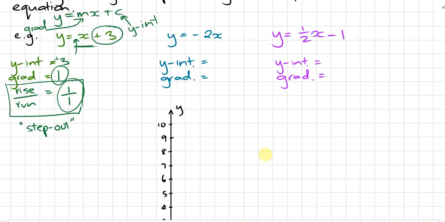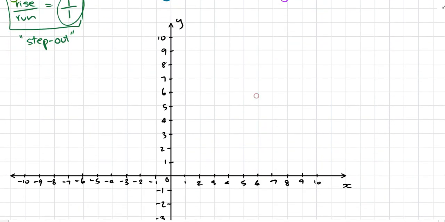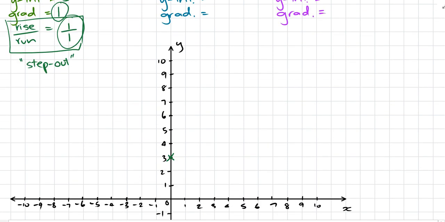So let's draw this on a grid. The y-intercept is 3, so on the y-axis I'm going to put my y-intercept there, positive 3. Now from the y-intercept I'm going to step out my gradient, which is 1 over 1. So I'm going up 1 and across 1, then I put another point there.